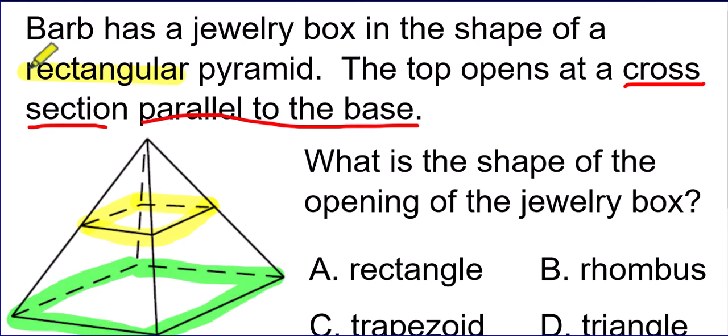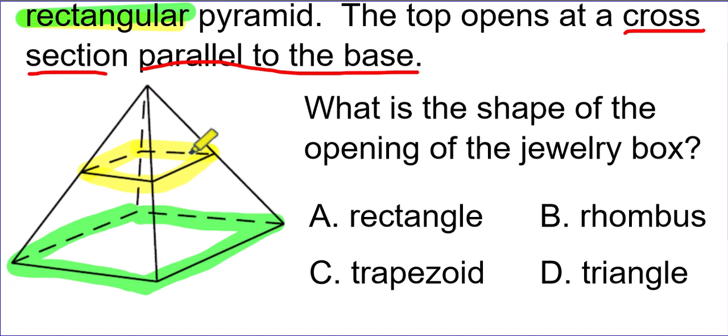It is actually a rectangle, because if it's called a rectangular pyramid, that means the base is a rectangle. This opening is parallel to that base, which means it should be the same type of shape as that base, except a smaller version of it. Because you can see as it goes higher, that rectangle gets smaller.